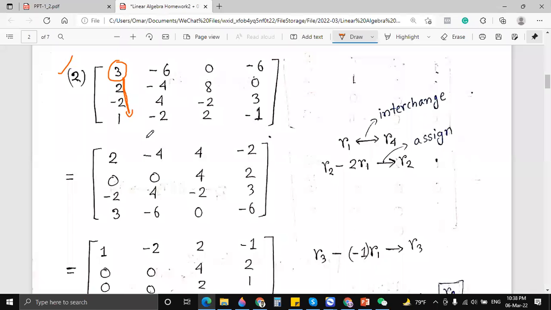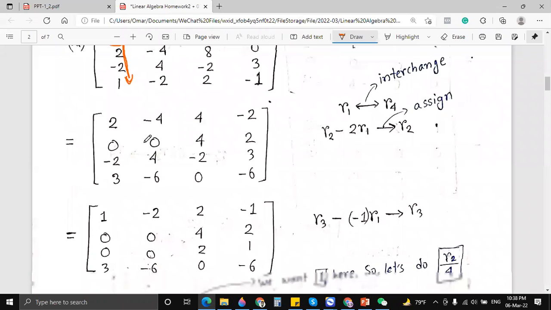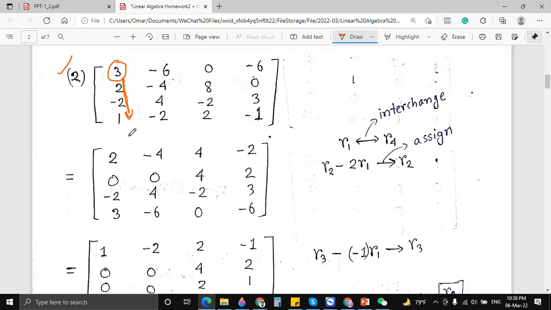Okay. So now what can we do? There is one important thing. We wanted our first pivot point to be 1, right? Do you remember? We want all the pivot points as 1 from the RREF condition.